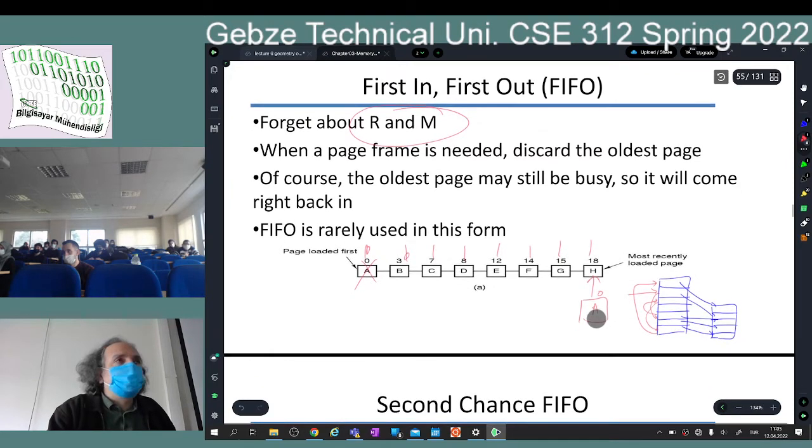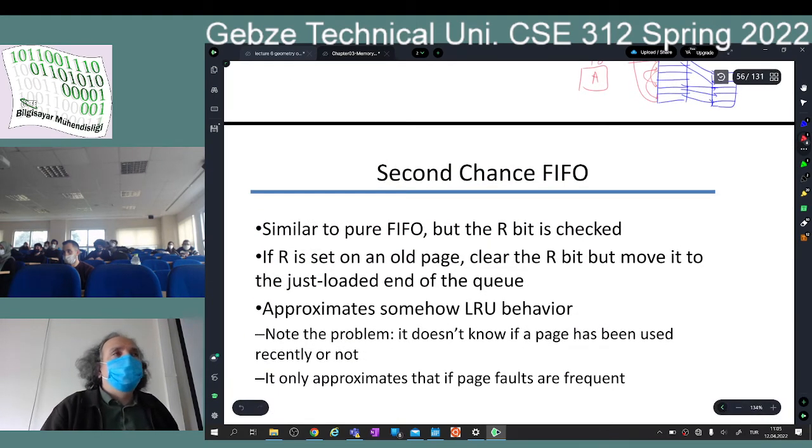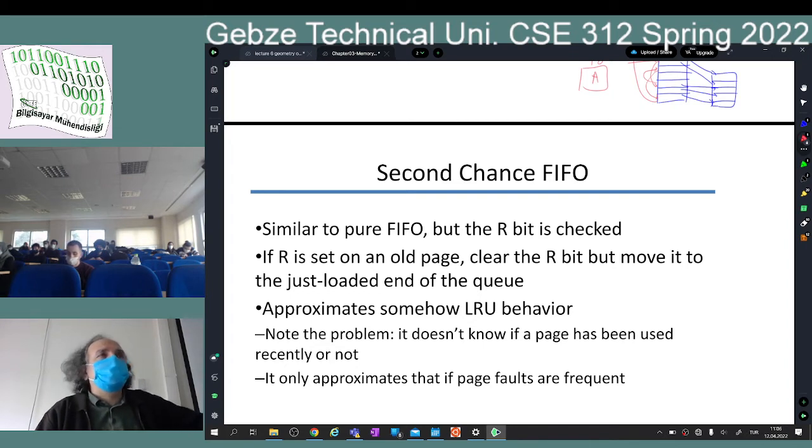Eventually you are going to hit this A, and you are going to replace it. So if all the R bits are 1, the second chance FIFO turns into FIFO, right? Because I gave everybody a second chance. Nobody used their second chances, and this will be a primitive FIFO, and that's okay.